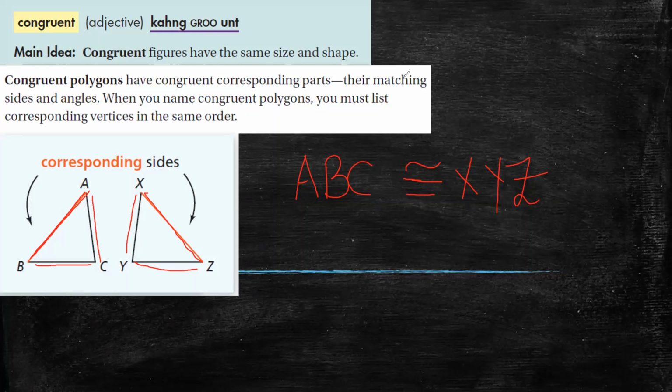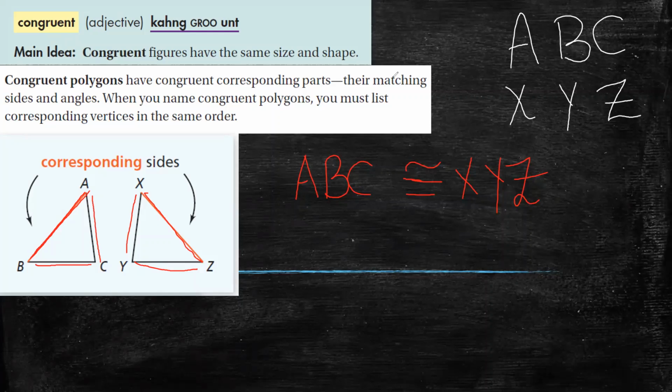What do you have to do? The first step, you have to list A, B, C, and under it you have to write X, Y, and Z. Then, if I ask you what is the corresponding angle for angle A, you say angle A corresponds with angle X, and so on.